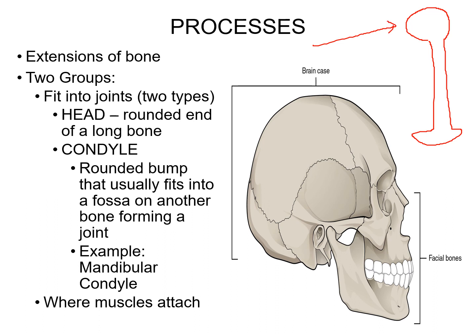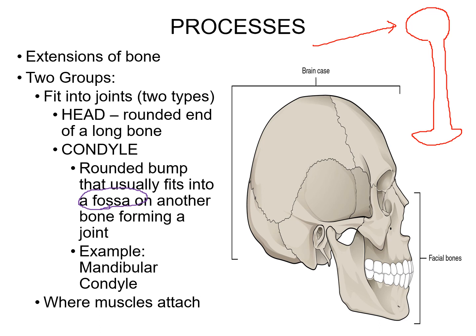And then other parts we have are condyles, and condyles are bumps that usually fit into those grooves. So remember, a fossa is a groove or indentation, and the condyles typically fit into the fossa, kind of like putting a hand in a glove. Perfect match, perfect fit.